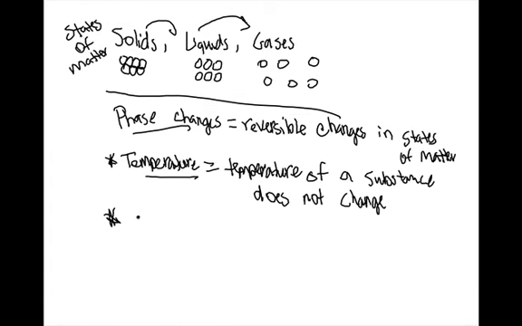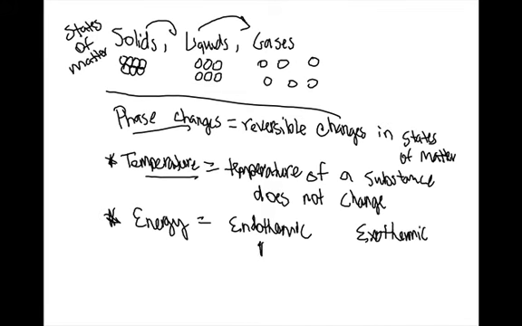However, the one thing that does happen is energy changes. Energy is going to change during our phases. Earlier this year we had talked about something called endothermic energy, and we also talked about something called exothermic energy.